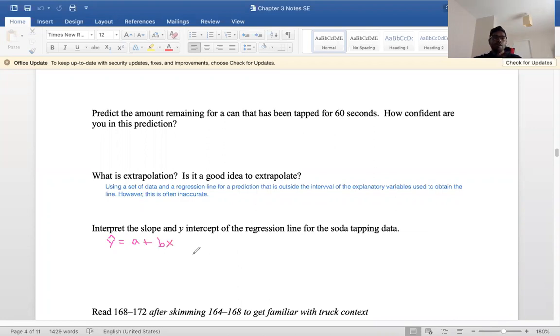Now, we say y hat because this y is going to be predicted. A is your y-intercept, B is your slope. And I'm going to type some stuff down here in a second to go over that. But anyway, y hat is the predicted value of the response variable. So whatever you predict is going to happen to the response.